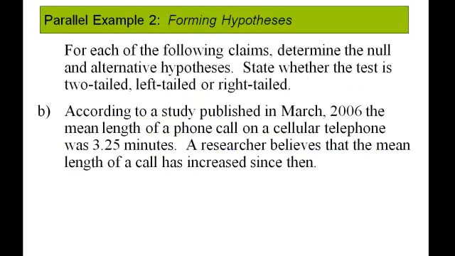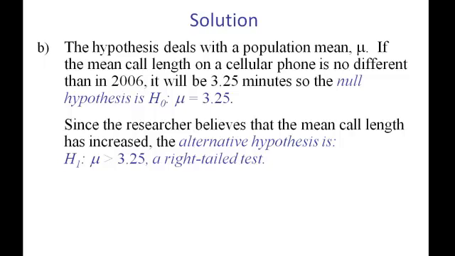Remember, our second example was about the true mean length of cell phone calls. In 2006, the mean length of a call was 3¼ minutes. The researcher believes that the mean length of a call has increased since then. So, the hypothesis deals with a population mean, mu. If there's been no change in the mean length of a cell phone call since 2006, then the mean now is 3¼ minutes.